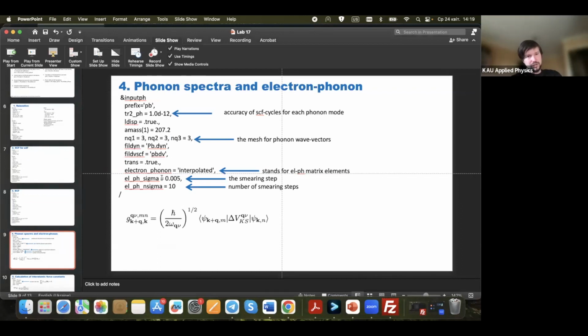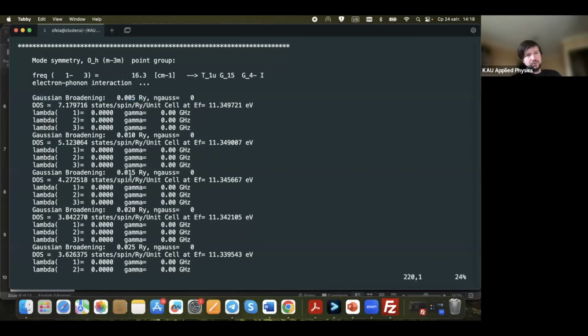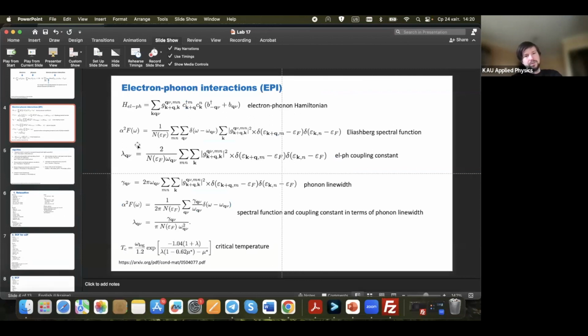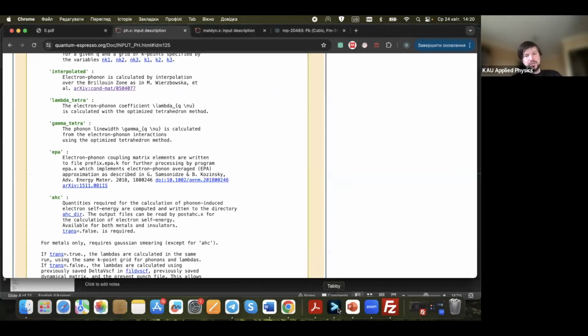So this smearing step 0.005, then it will be 0.01, 0.015, 0.02, 0.025. Then it calculates the density of states at the Fermi level. Why do we need the density of states at the Fermi level? Because when we create the spectral function and the Coulomb constant, we have the number of states at the Fermi level here. So we calculate the number of states at the Fermi level.